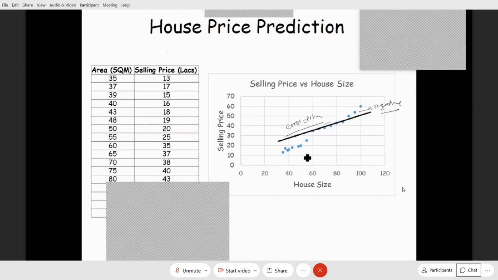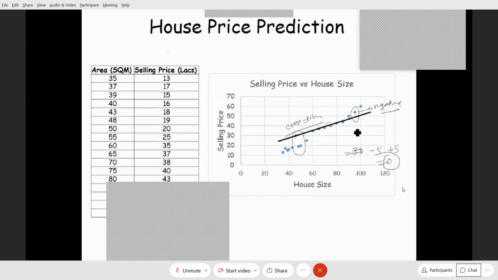If I add a positive error and a negative error, suppose this error was minus 5 and here the error is plus 5, this gives me a zero value, which is actually not the true indication of what the actual error is. The actual error should be the absolute value of the differences.